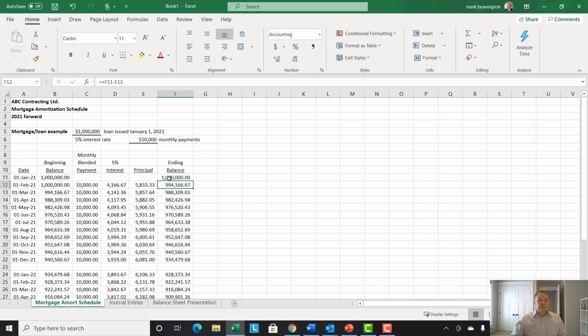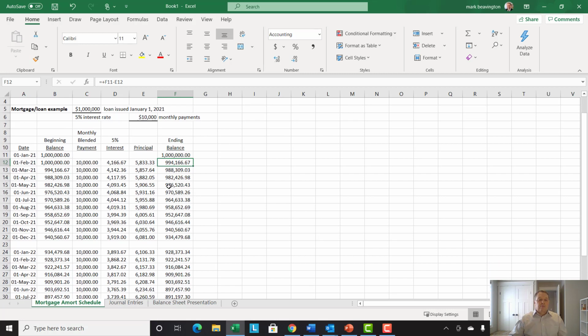Take that beginning balance, or the balance that we had at the end of last month, take off the principal payment of $5,833, and we'll owe $994,166 because we've made that small payment there. That continues on for a number of months, and you can see at the end of December, after the December 1st, 2021 payment, we now owe $934,000.